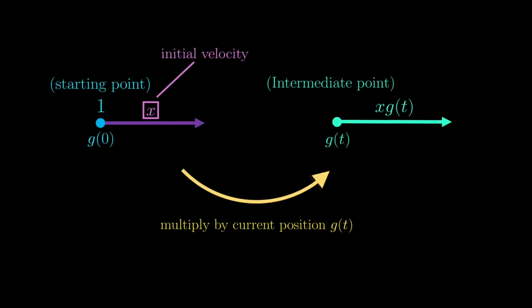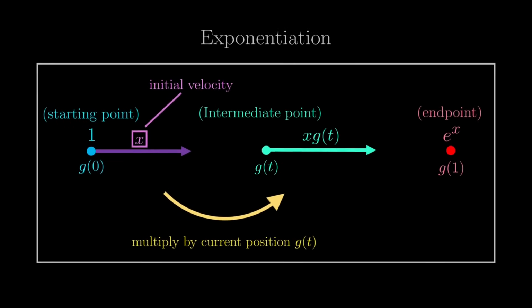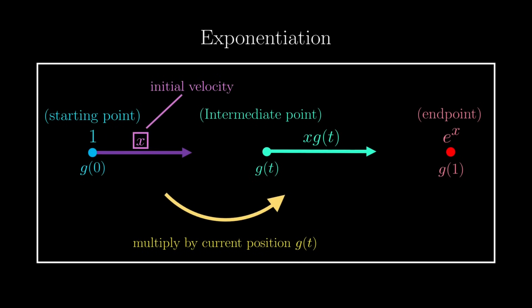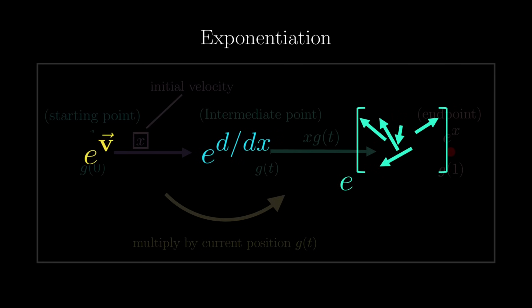The exponentiation of x is then the endpoint of the journey after 1 unit of time has passed. Thinking of exponentiation this way might not be new to you, but this framework helps us understand how to exponentiate more exotic objects like vectors, derivatives, and vector fields.